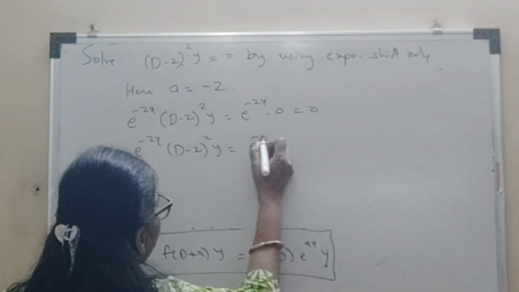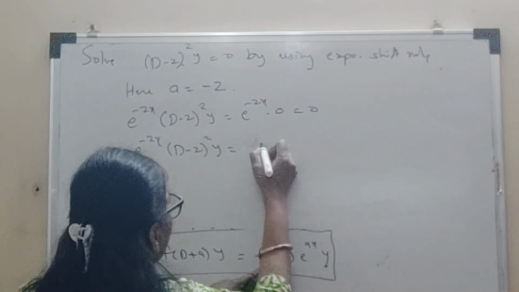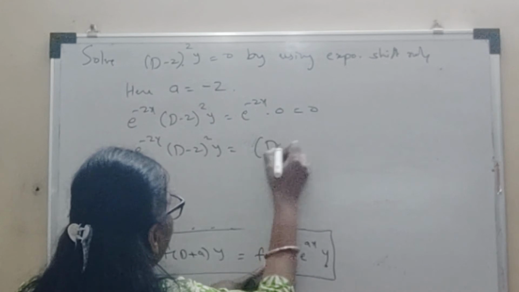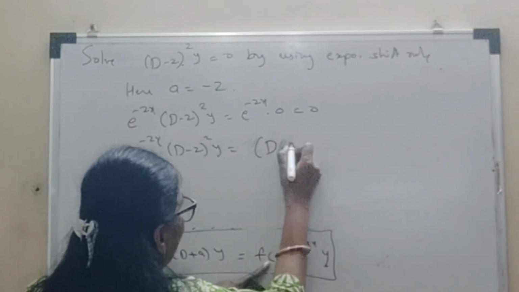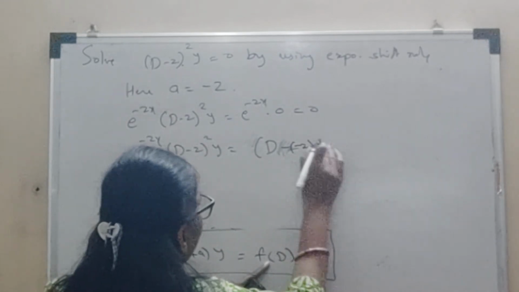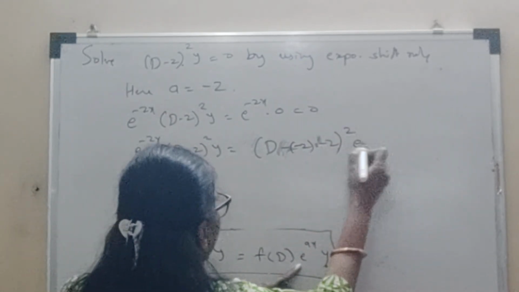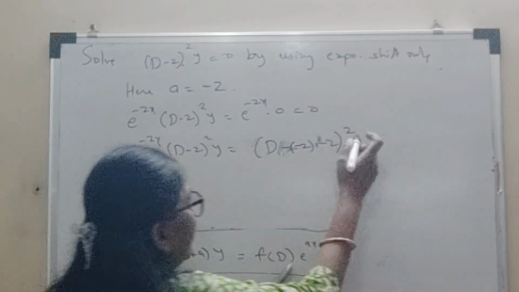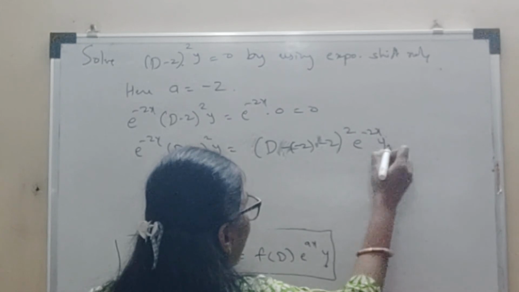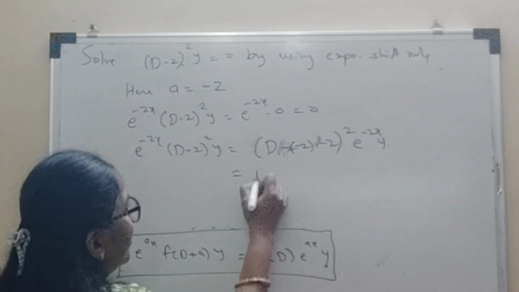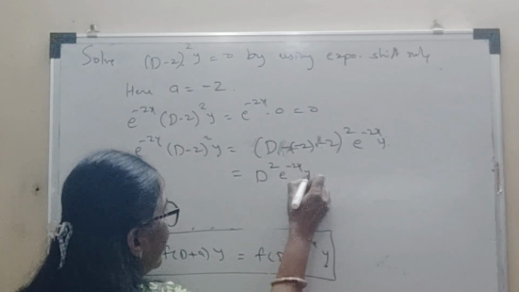So it is e raised to, replace D by D minus 2. So that is nothing but (D minus 2 plus 2) whole square, and shift this e raised to minus 2x on this side after the operator and into y. So that is nothing but D square operates on e raised to minus 2x into y.